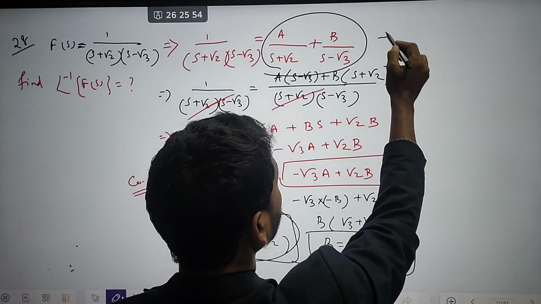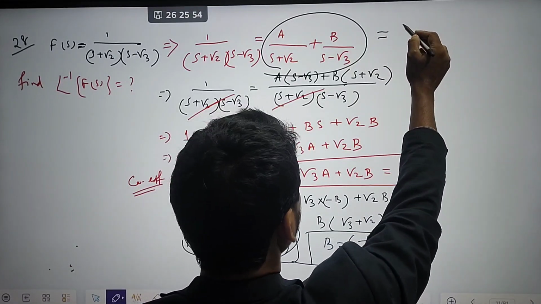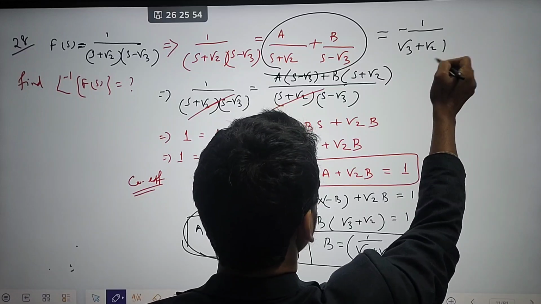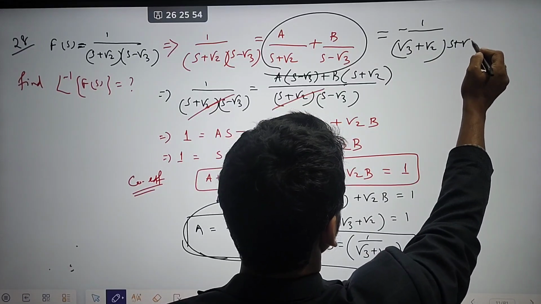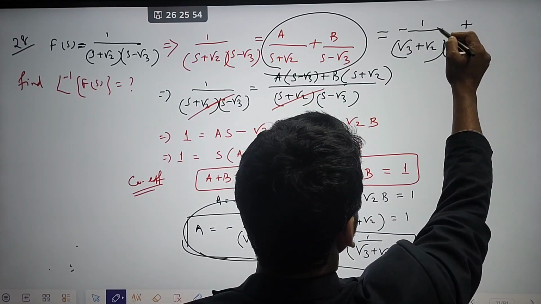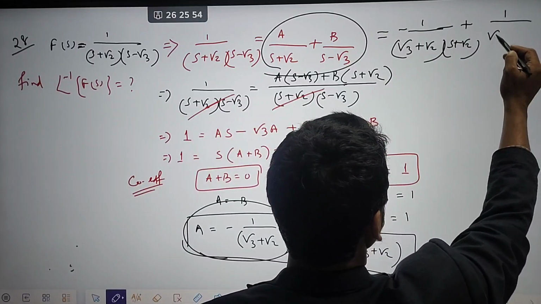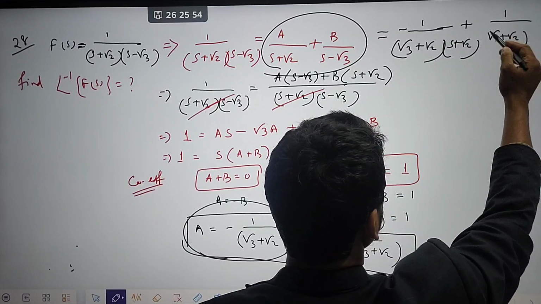What is A? Minus 1 by (root 3 plus root 2) into 1 by (s plus root 2), plus B, how much is B?